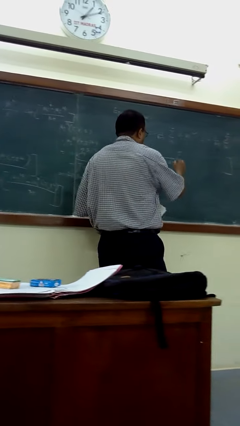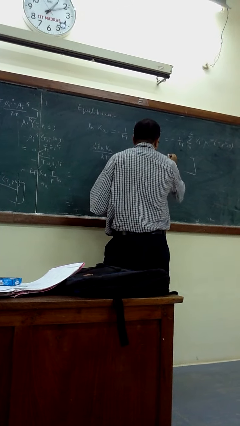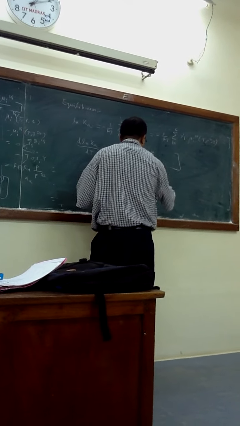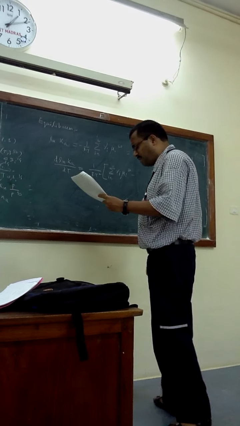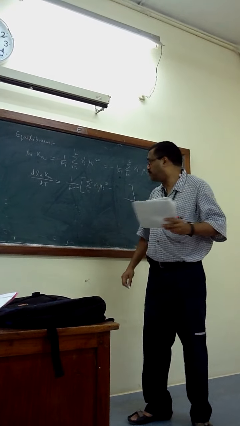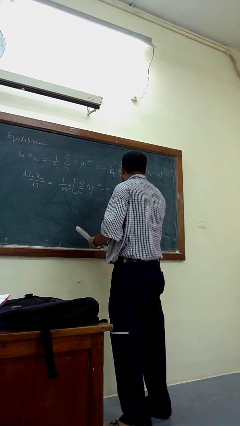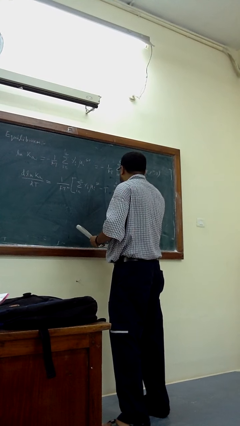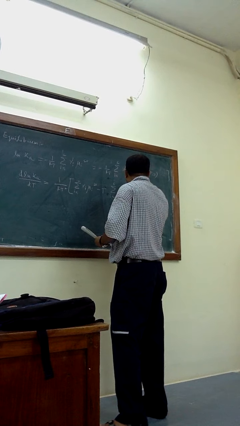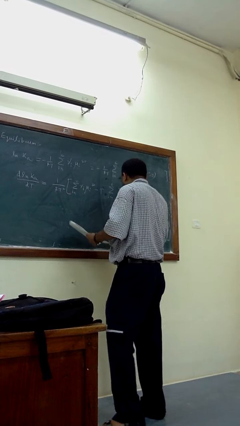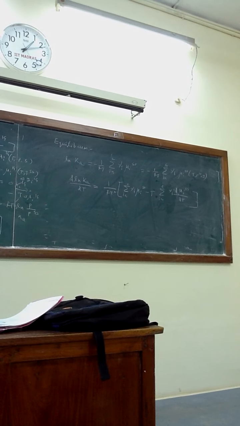Summation I equals 1 to C gamma I mu I SS, minus summation gamma I T. Temperature will be coming outside the summation. Summation gamma I d mu I SS by dT. Not dou, d.